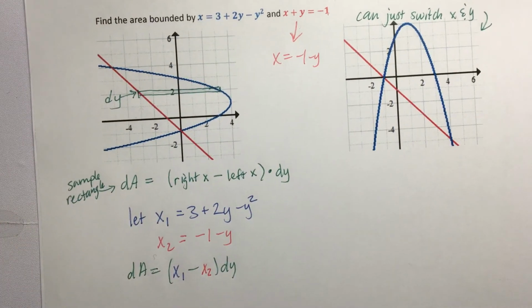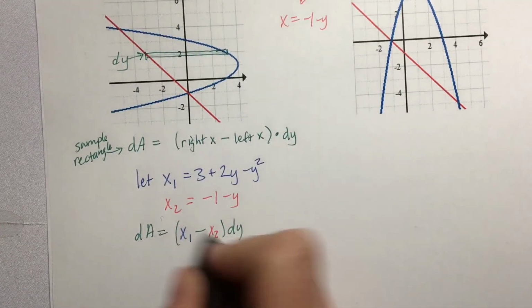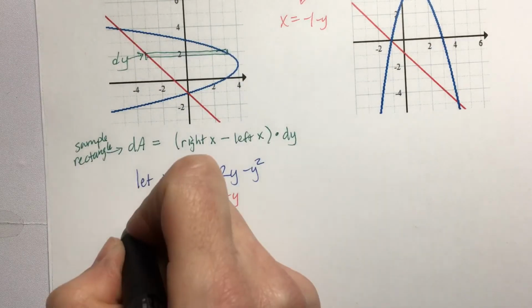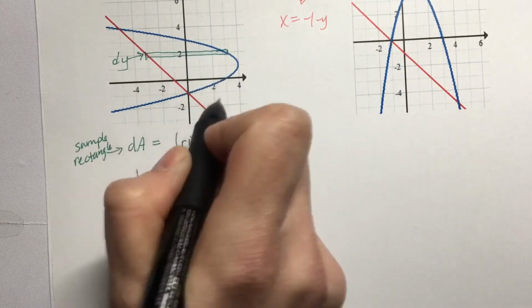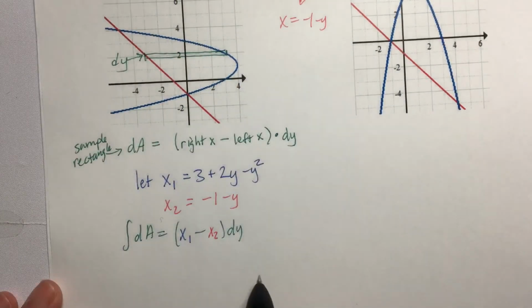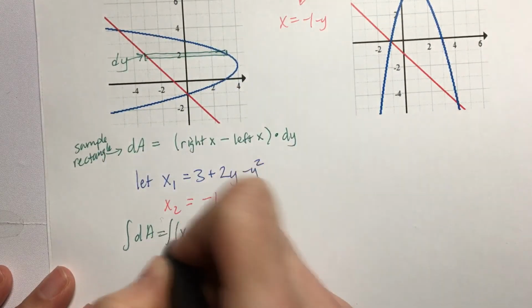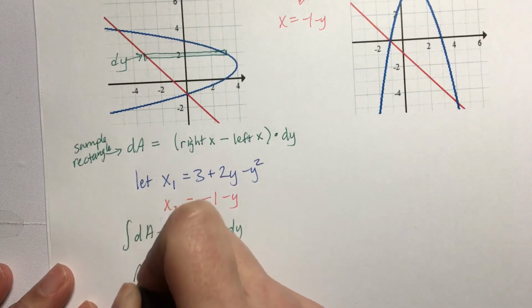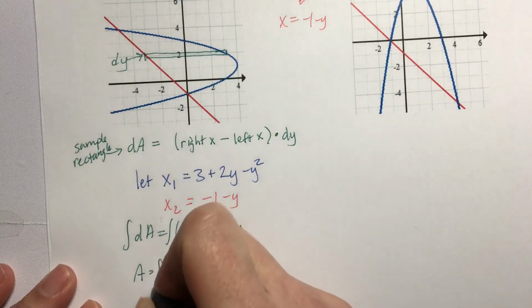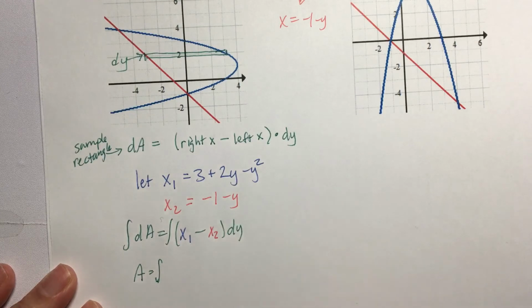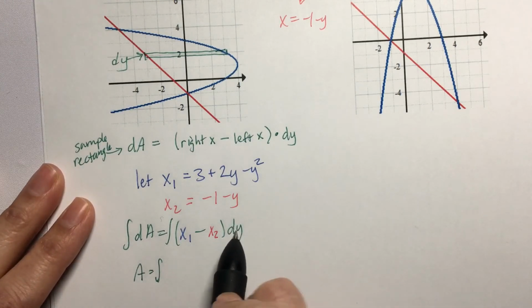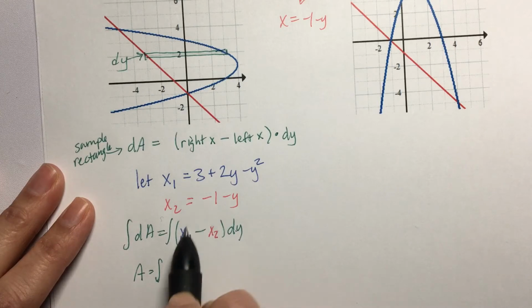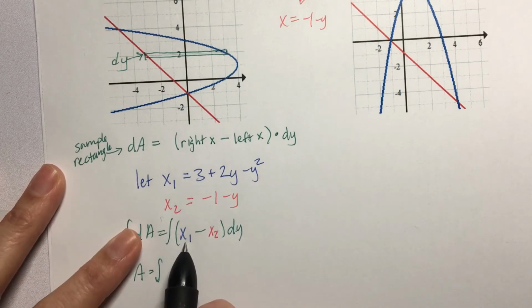And then once again, to get the whole entire area, it is a sum of all these little strips. I could draw in lots and lots of these and just get my Riemann sum with all those strips of area. I don't have to do it that way though, because I have calculus to work for me instead. The dy tells me that instead of having x, I want that to be in terms of y.